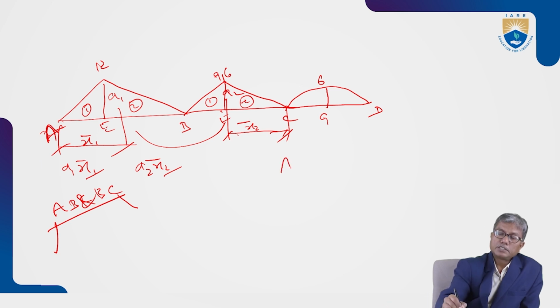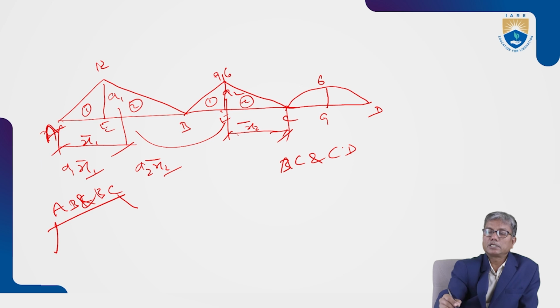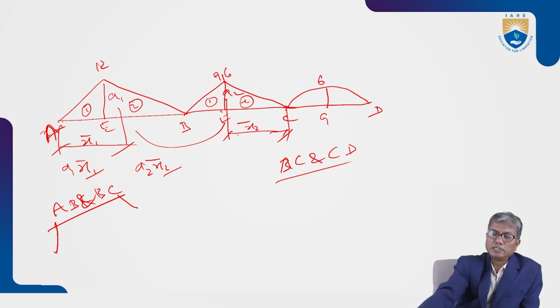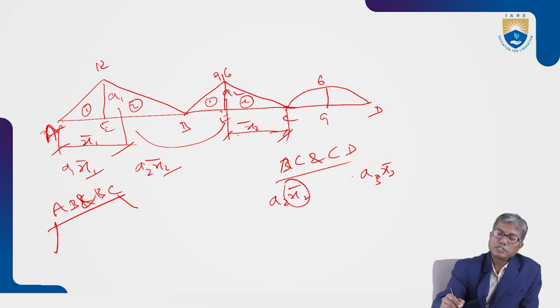Similarly, when you apply this theorem for spans BC and CD the second time, we will find A2 x2 bar and A3 x3 bar. This time x2 bar is measured from B, not from C as measured here.